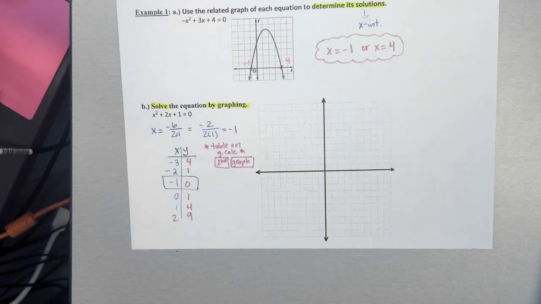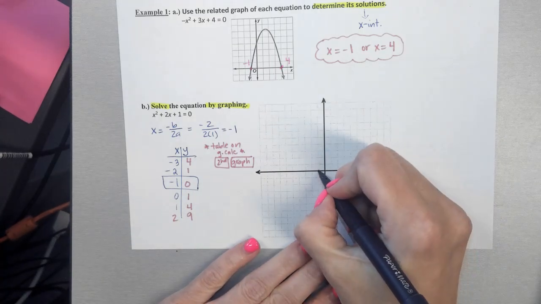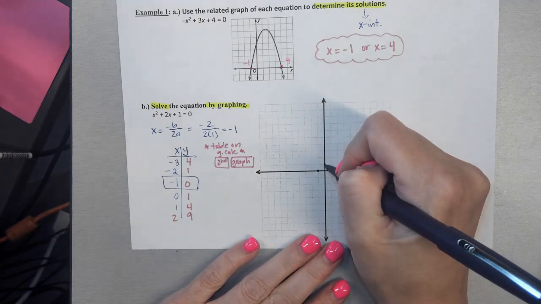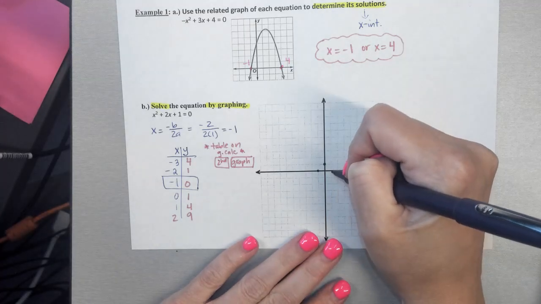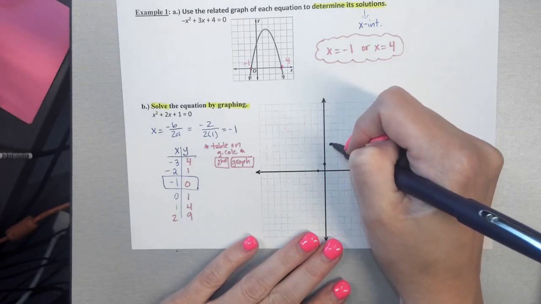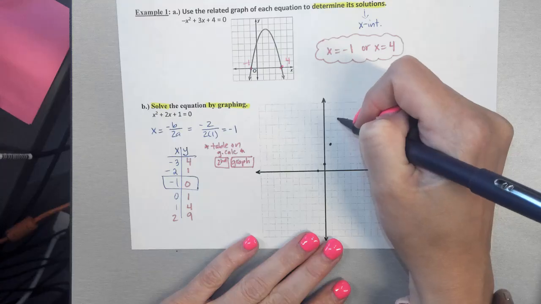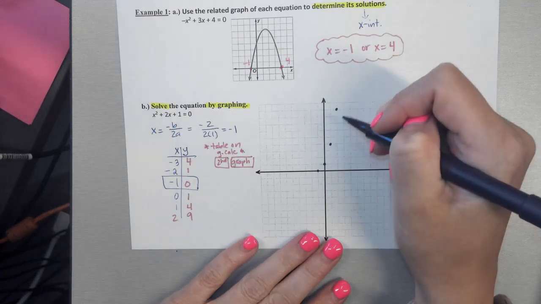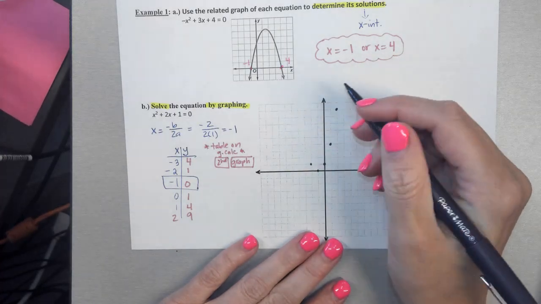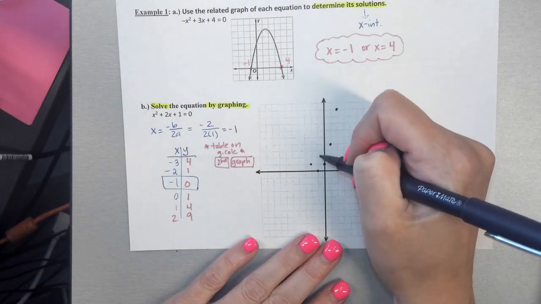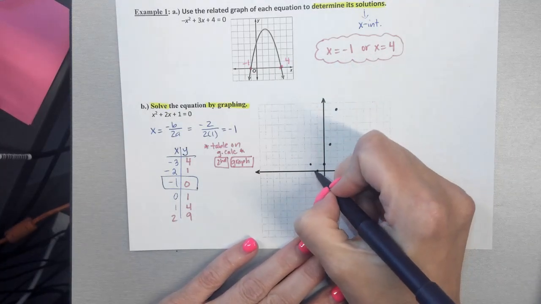Now we can plot those points. So -1, 0, 0, 1, 1, 4, and up to 9. Remember that you have this line of symmetry here.